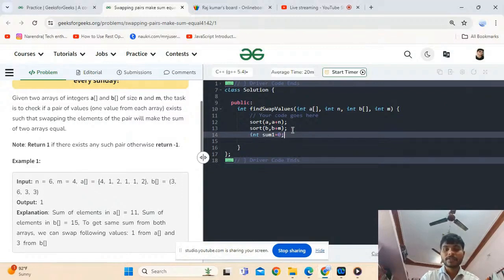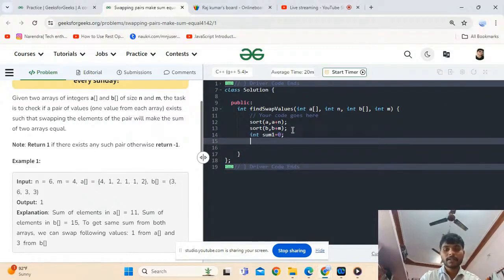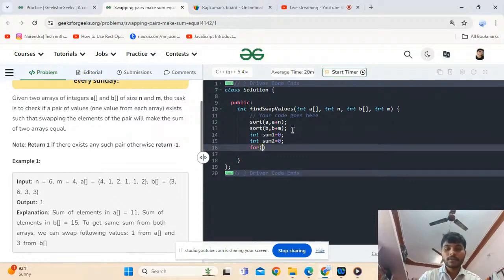Sum 1 is equal to 0, and sum 2 is equal to 0.